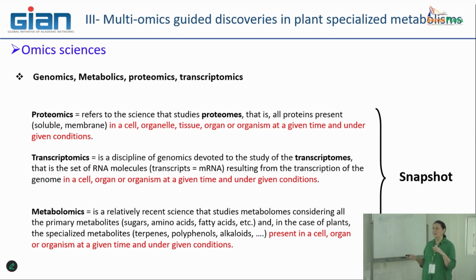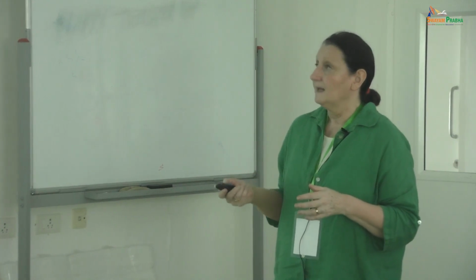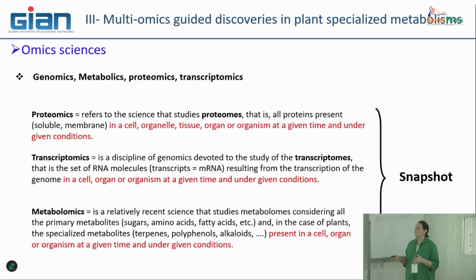So it's like a snapshot of one particular moment. So it's also not complete. It is not like genomic science, which is completely independent of the specific condition of your raw material, the plant in this case. And it is exactly the same for transcriptomics and metabolomics.